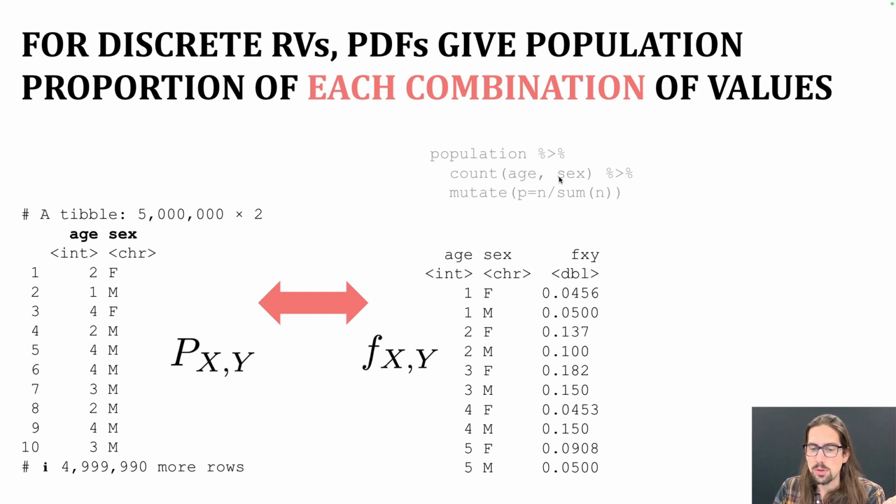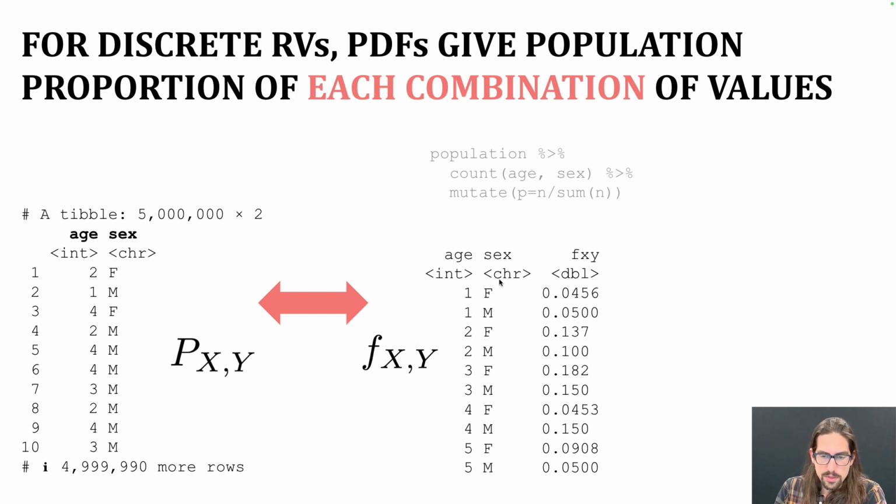Now I'm counting each unique combination of age and sex. And then this line here just takes that count and divides it by the total number of people in the population. So what we see here is that 10% of people in this population are 2-year-old males, okay? And 15% are 3-year-old males, and so on and so forth. So that's all that this is, and this is our density function.